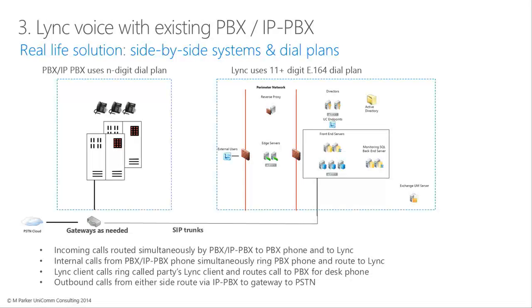Okay? So it's that kind of a model. And this works. It's actually simpler. You can say there's a little bit of complexity setting up the dial plan on this side, but that's a one-time complexity, and it's far cheaper than trying to mess with the PBX dial plan.